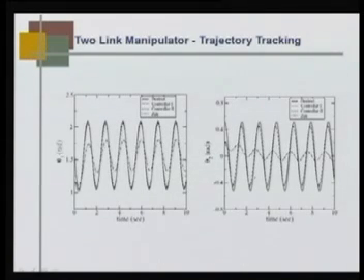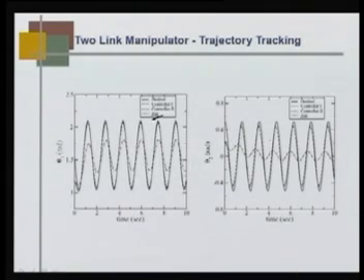So, for the two-link manipulator trajectory tracking, you can easily see that the desired trajectory and controller 1 and controller 2 are very much following, whereas the other one which is not following is the one proposed by Jack, which is a fixed gain controller for the TS fuzzy model, and it is performing very badly.